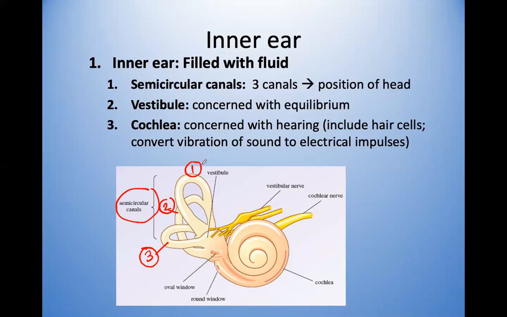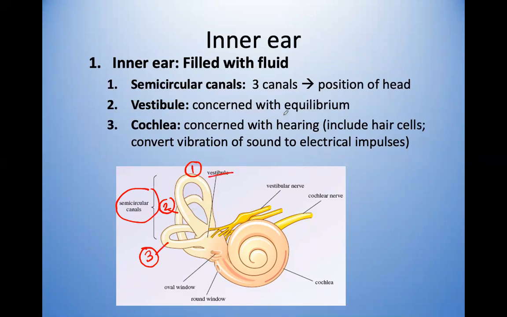The anterior one is when you move your head yes, front and back. The posterior one is when you move your head no, side to side. And the lateral one is when you tilt your head to the side. These three positions, or those types of movements, are figured out by the semicircular canals.